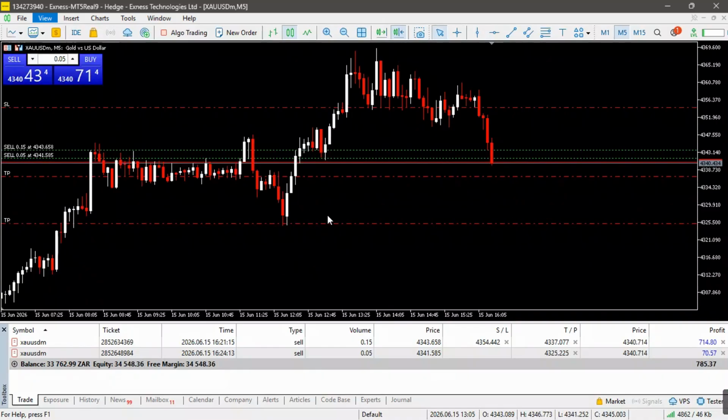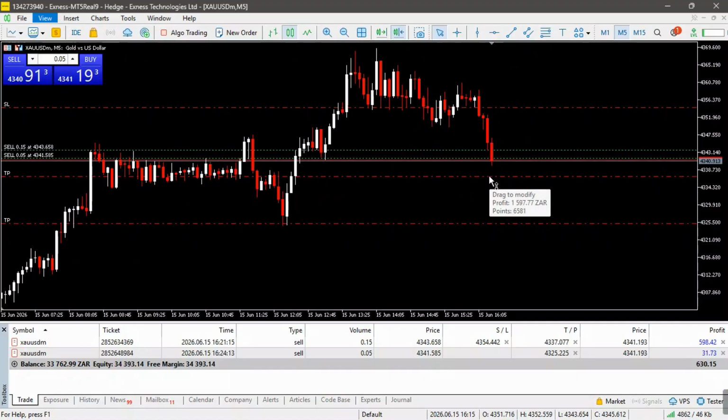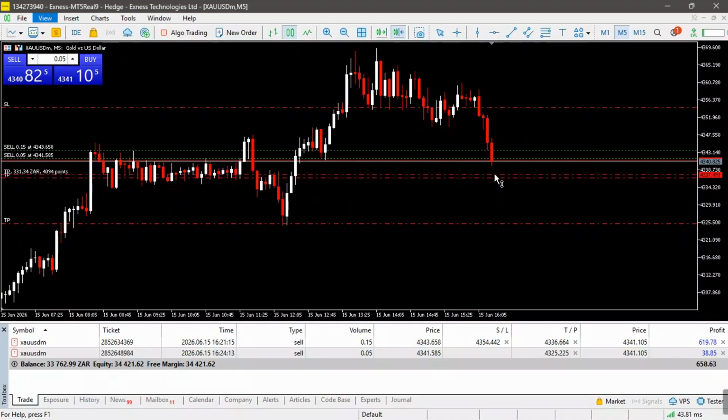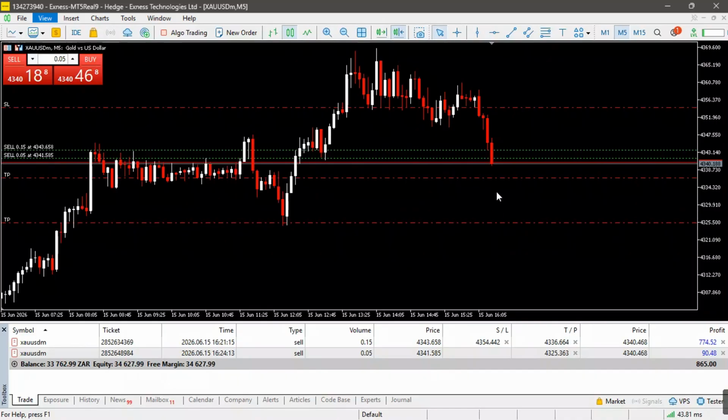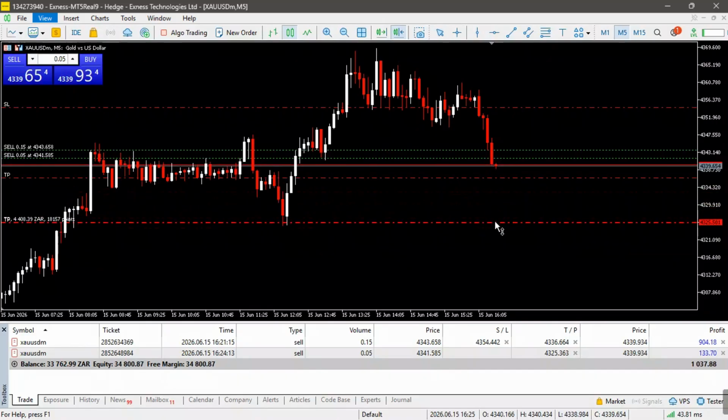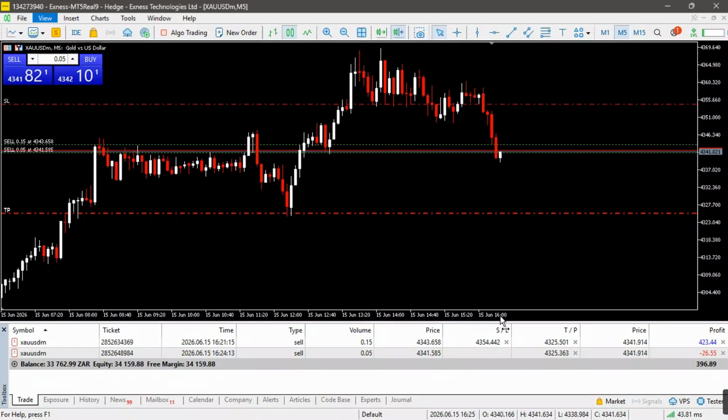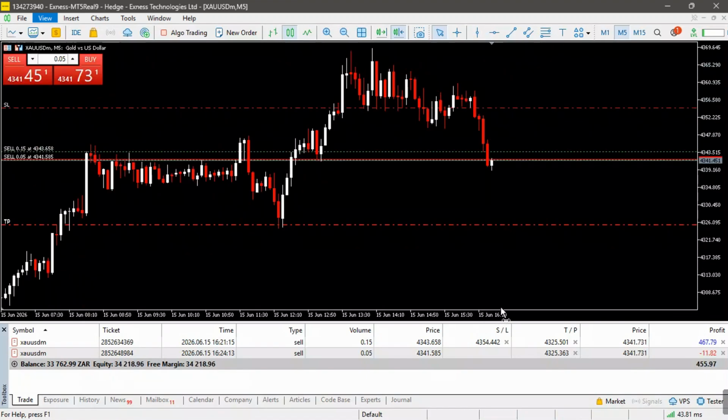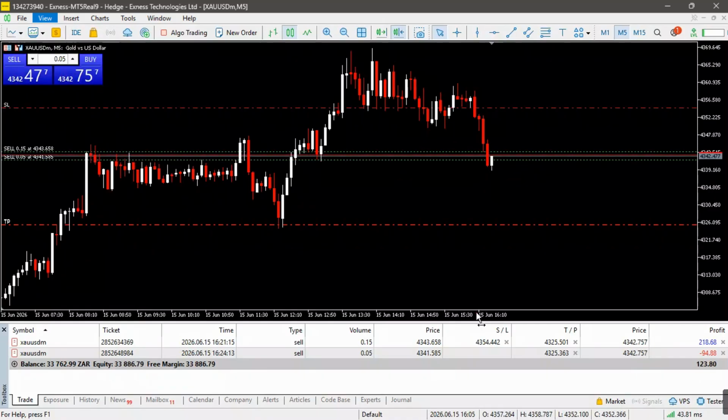Okay, so this low down here, this is going to be my TP2. So let's just target TP2, okay? Let us just target TP2.